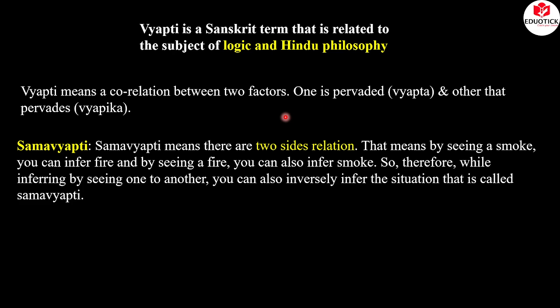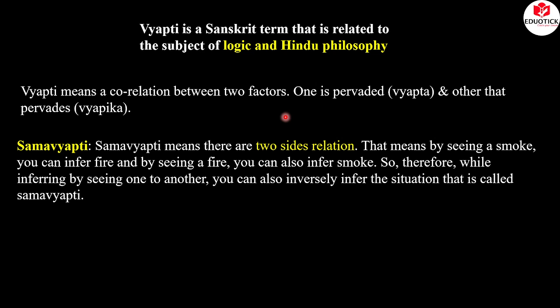That means by seeing smoke, you can infer fire, and by seeing fire, you can also infer smoke. So while inferring from one to another, you can also inversely infer the situation; that is called Samavyapti. You need to understand it deeply. Samavyapti explains two sides of a relation.